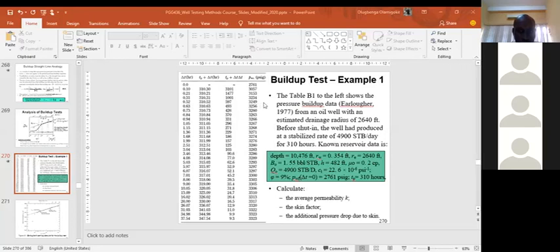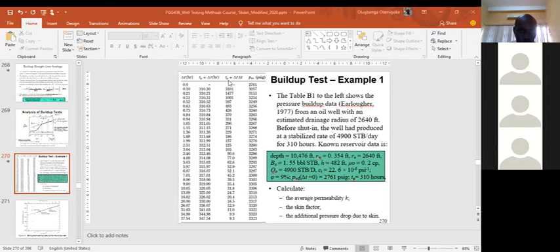Okay, so I've come out of slideshow mode. If you look at this, you have delta t to the left, Tp plus delta t. Remember that Tp is either given or you calculate it from 24 times Np over Q naught. Here, the division sign is missing.